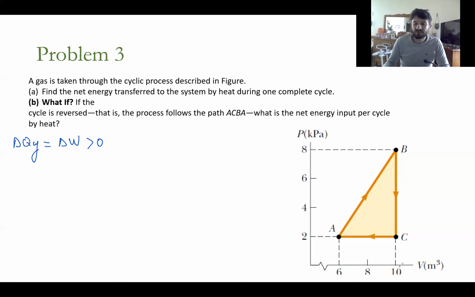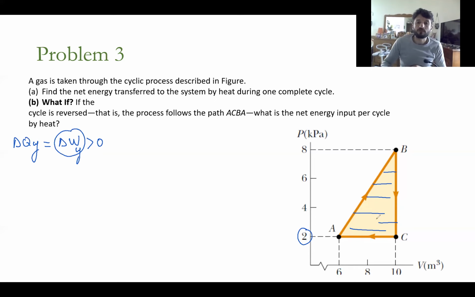You go to the figure: VA equals 6, VB equals 10, PA equals 2, and PB equals 8. How can we calculate omega? In the case of a cycle, the total work of the cycle equals the area inside the curve, so equals this area.